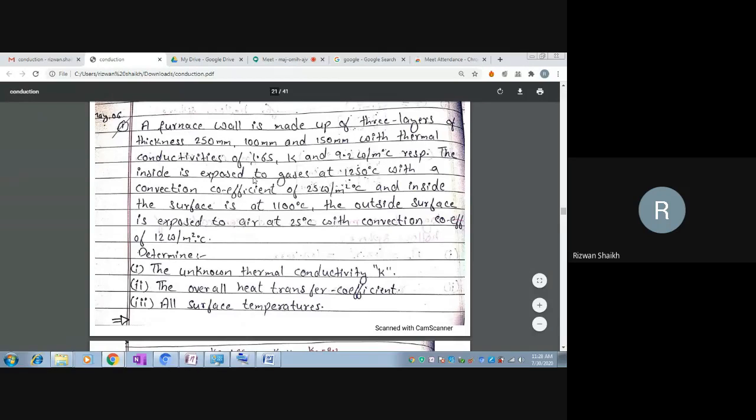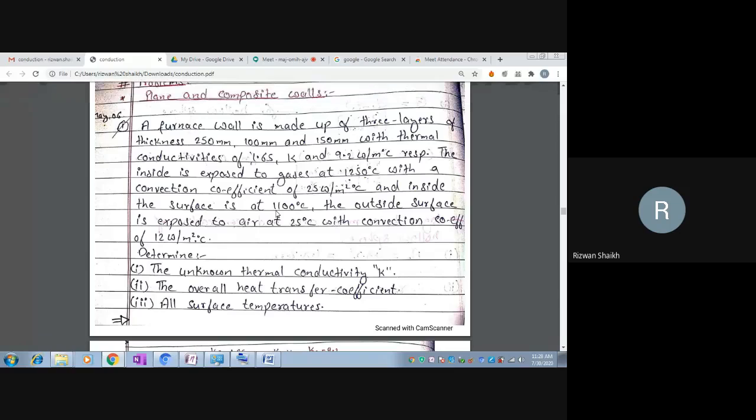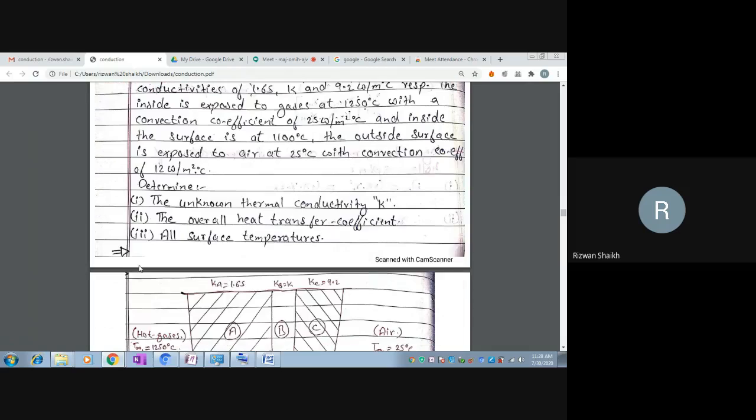The inside is exposed to gases at 1250 degrees Celsius with a convective coefficient of 25, and the inside surface is at 1100 degrees Celsius. The outside surface is exposed to air at 25 degrees Celsius with a heat transfer coefficient of 12 watt per meter square degree Celsius.